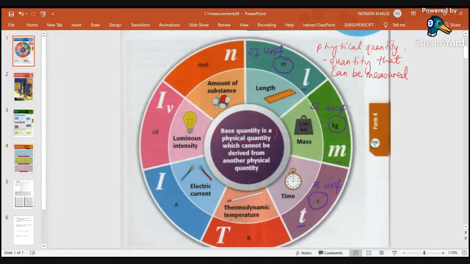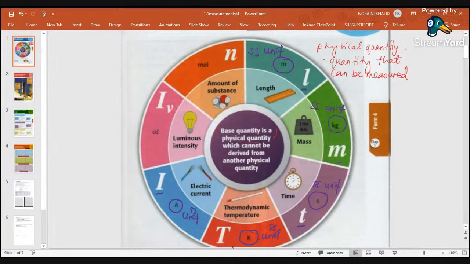Then we have thermodynamic temperature, capital T. So unit is Kelvin. Or we also can call it absolute temperature. Okay, measured in Kelvin. Okay. And then electric current, symbol A, symbol I, unit ampere. SI unit, ampere.